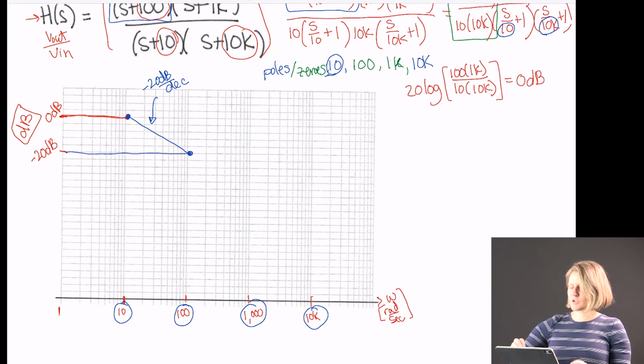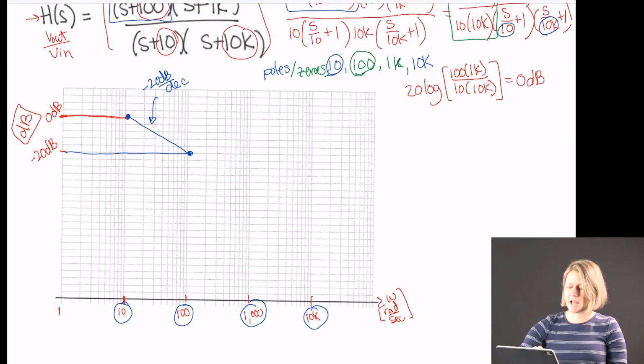Then I'm going to have another change at 100, which is a plus 20 dB per decade. So I add that to the slope, which was minus 20 dB, and then I add this plus 20 dB per decade, and that equals 0.